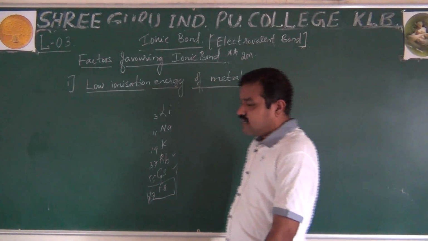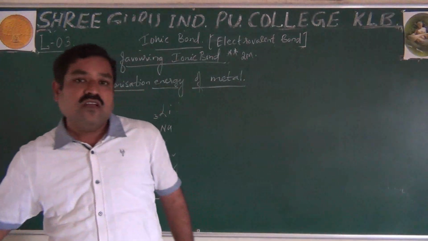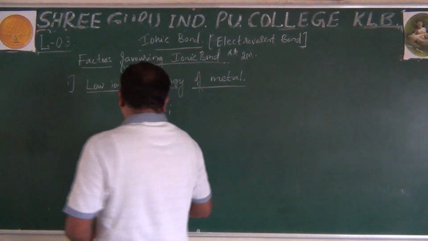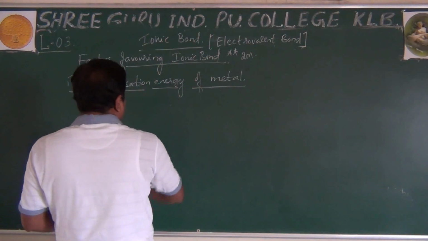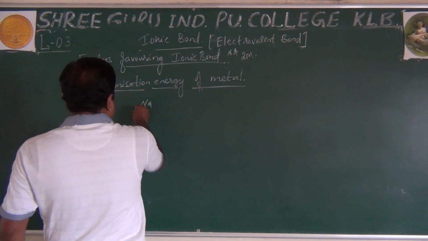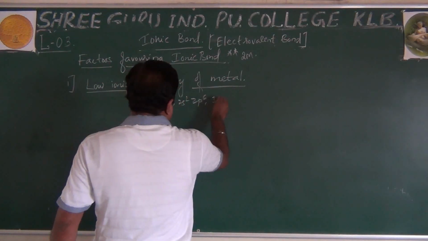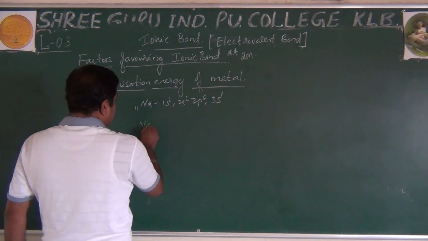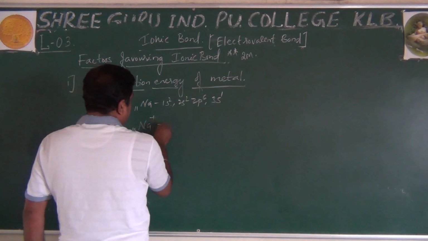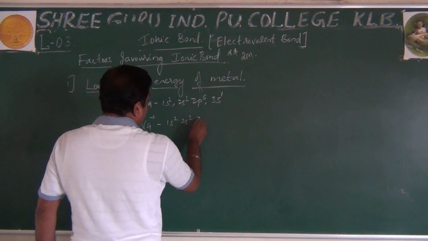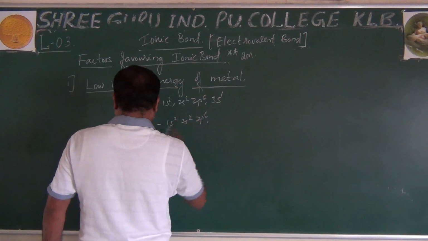That's why low ionization energy favors formation of cation. If you take sodium, the best example, atomic number 11, 1s2, 2s2, 2p6, 3s1, it can easily lose the electron by forming Na plus, 1s2, 2s2, 2p6.